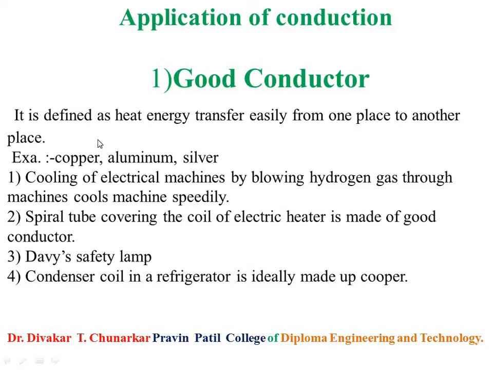A good conductor means the heat energy transfers from one part of the body to another part of the body easily. That is called a good conductor. For example, copper, aluminum and silver. This is the metal rod, and from this metal rod, heat goes from one place to another place easily.